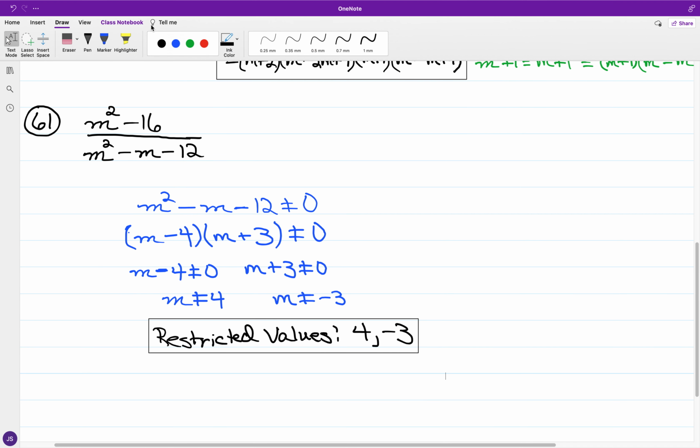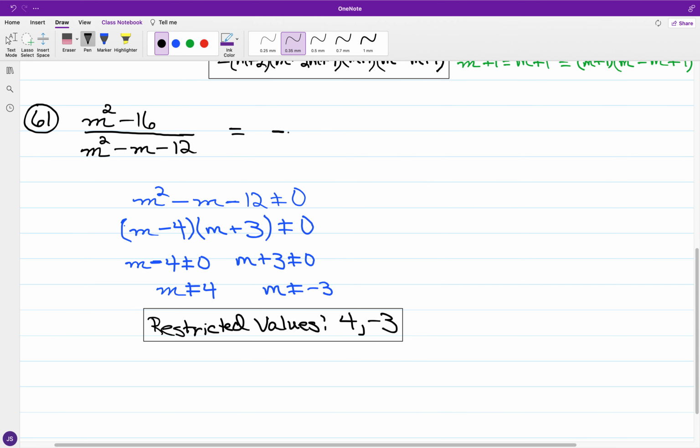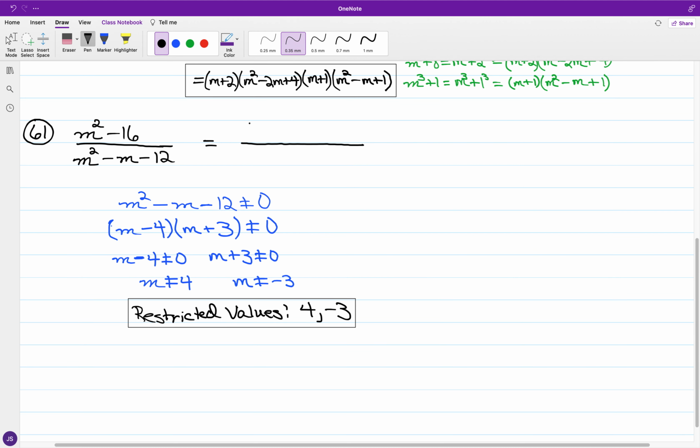And for reducing this ratio, at the top it's going to be a difference of squares. If I factor, I'm going to have m plus 4 and m minus 4. And with m squared minus m minus 12, I'm going to have m minus 4 and m plus 3.